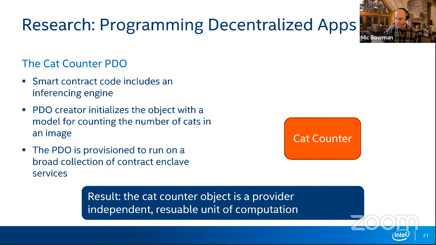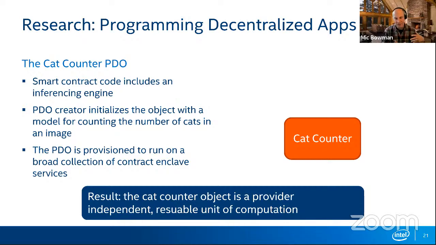So what we end up with is, in some sense, this PDO becomes almost kind of a reusable library routine, and it has some really nice properties as a reusable library routine.